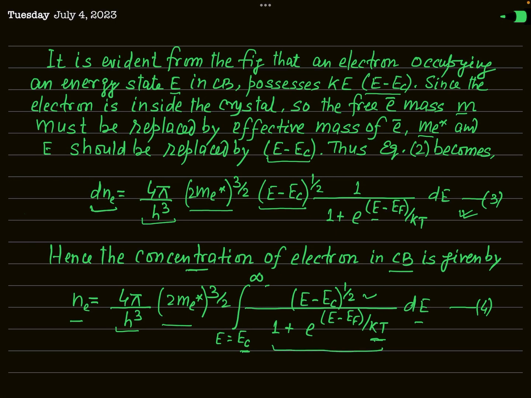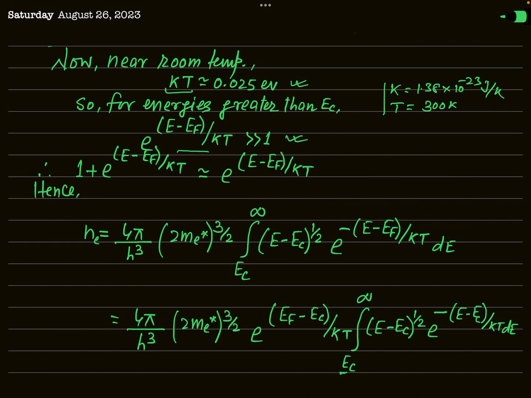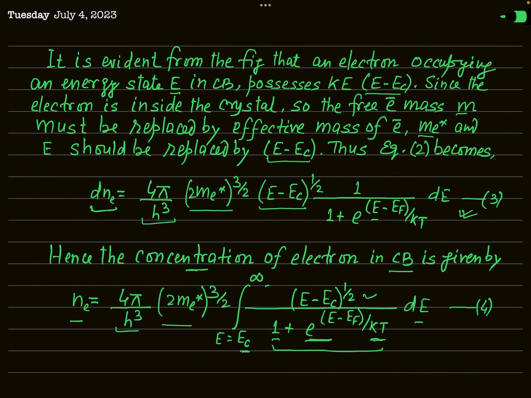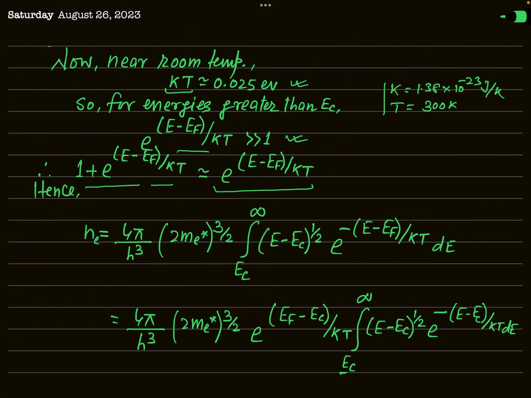Since this exponential factor in the denominator is much greater than 1, we can neglect this 1 in comparison to the exponential factor. And so this denominator, 1 plus e to the power (E minus EF) over KT, is almost equal to simply this exponential factor. So you can simplify this result, that is equation 4, taking this approximation.